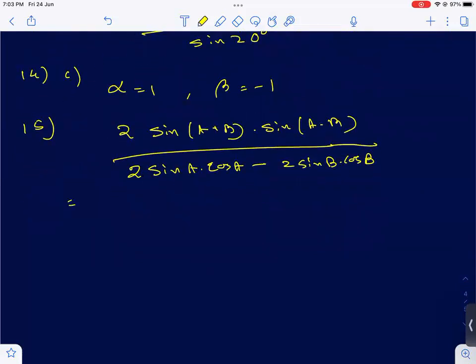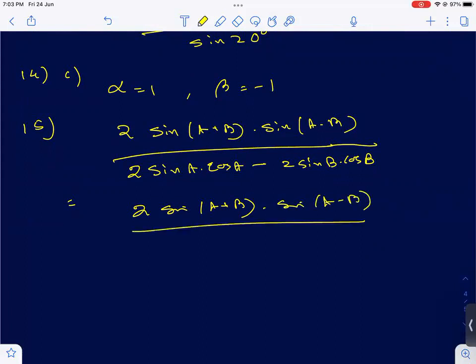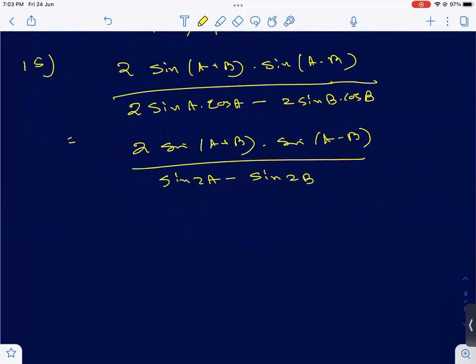So we can write this as 2 sin A plus B into sin A minus B, total divided by sin 2A minus sin 2B, using the sin 2 theta formula. So we can write sin C minus sin D as 2 cos C plus D by 2 sin C minus D by 2.